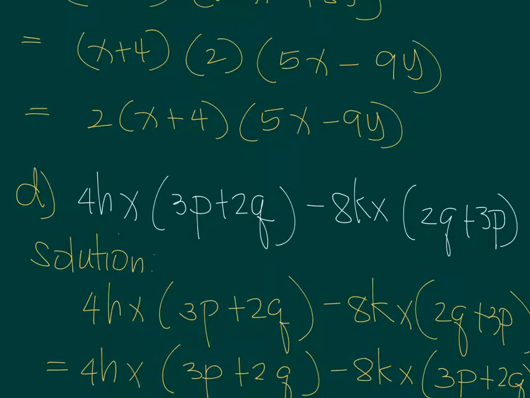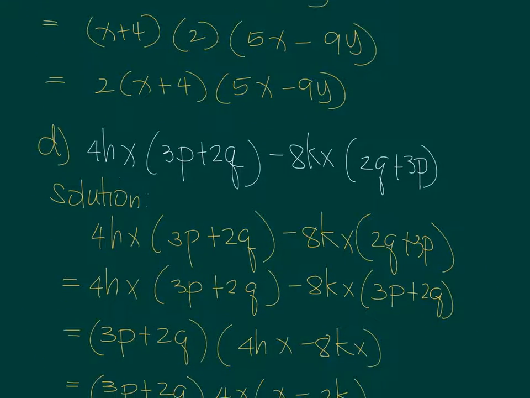Letter D. For letter D, how is this different to B and C and even from A? You have 4hx times 3p plus 2q and then minus 8kx times 2q plus 3p. Okay, so if you look at the second group, the 2q plus 3p is basically the same as 3p plus 2q.